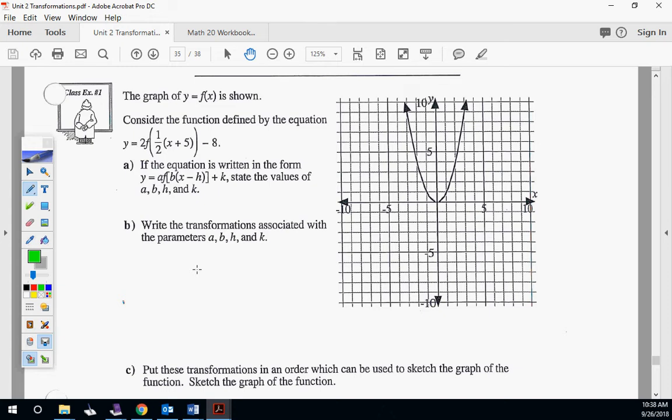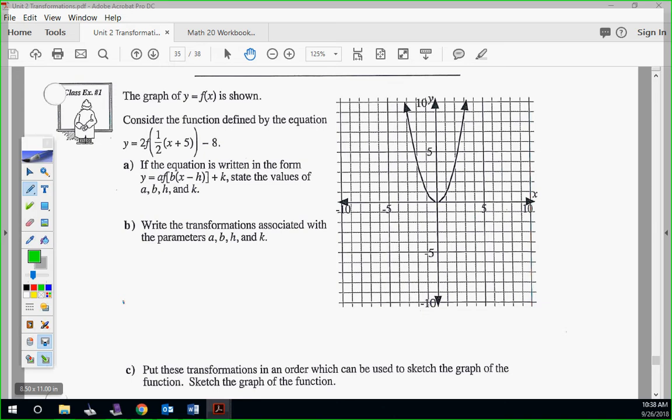Again, today, a lot of questions if we've got them. Consider the function defined by the equation 2f(1/2 x + 5) - 8. We've got a lot going on there. It says if the equation is written in the form, state the values of a, b, h, and k. So we're identifying our stretches. A is 2.